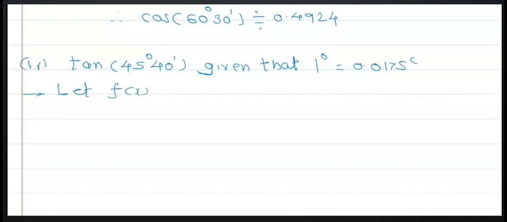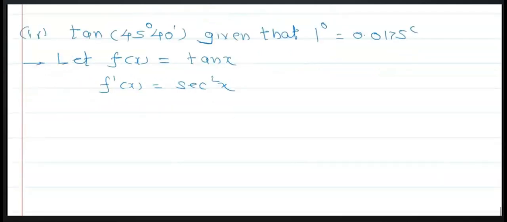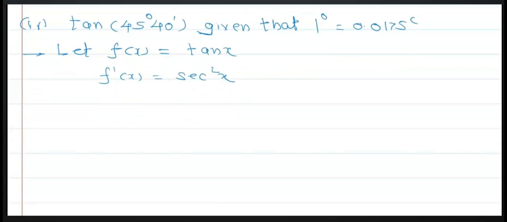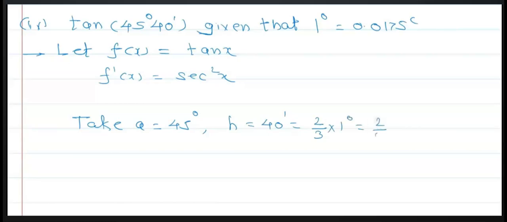Let f of x is equal to tan x, f dash of x is equal to sec square x. Take a is equal to 45 degree, h is equal to 40 minutes, that is 2 upon 3 degree.